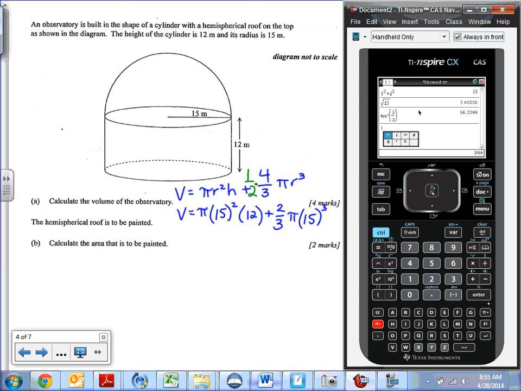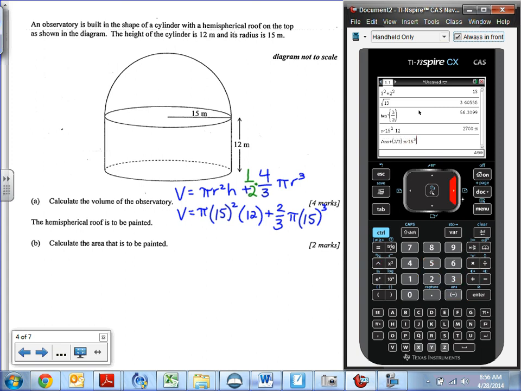So we have pi multiplied by 15 squared multiplied by 12, plus 2/3 multiplied by pi again, multiplied by 15 to the 3rd power.